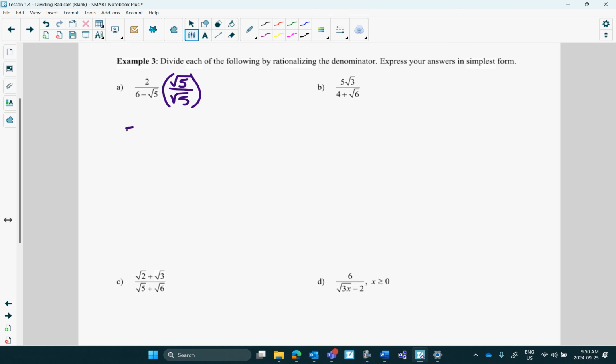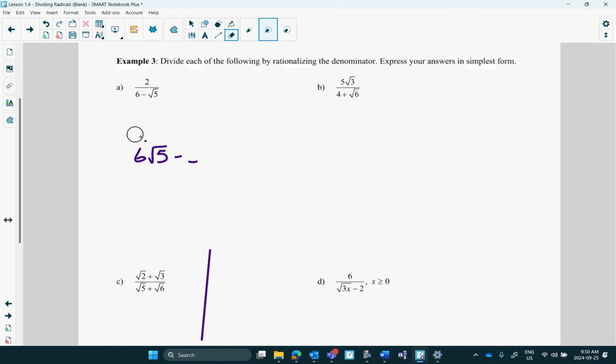Well, if you did that, you get 2 root 5 up top, and then on the bottom, you get 6 root 5 minus root 25, which is 5. Notice I still have a square root on the bottom. So that's not working. I can't do it that way. I need another way. I'm going to multiply again by something.